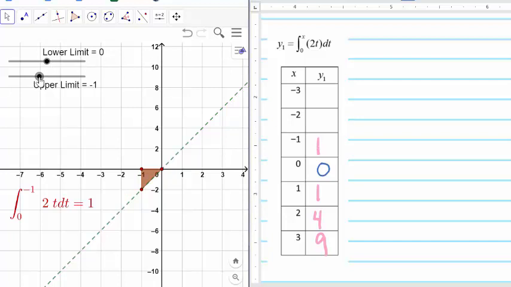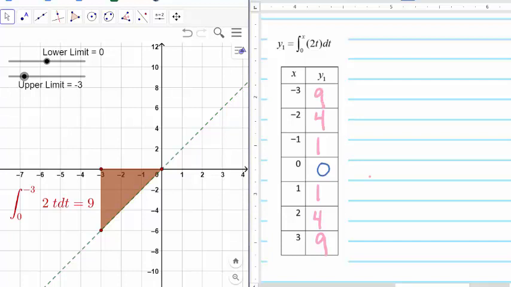If we go from 0 to -2, that would have been -4 units below the x-axis. However, because we're moving from right to left, we're taking away that amount, so the opposite of -4 is 4. And I have a suspicion that if I go to -3, guess what? Yep, it's a value of 9.